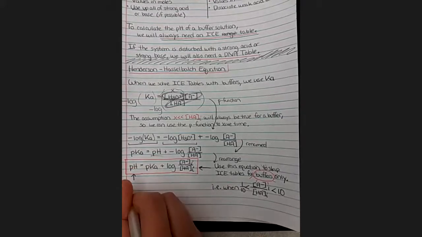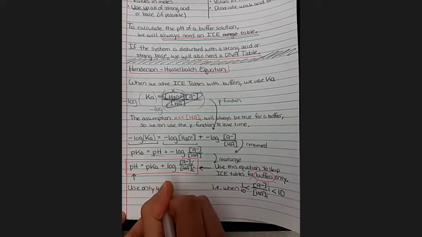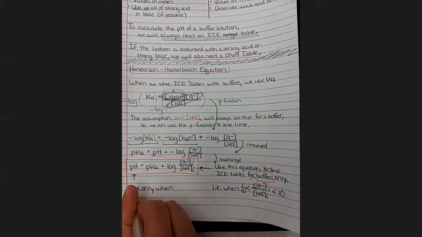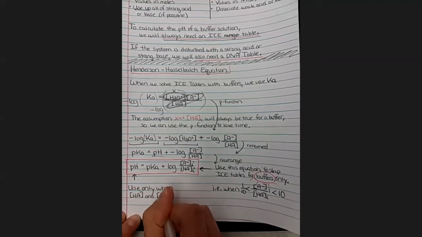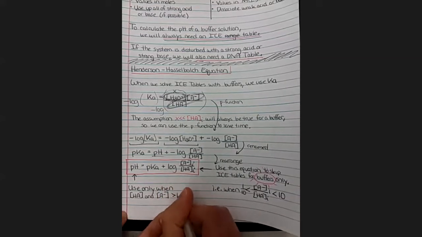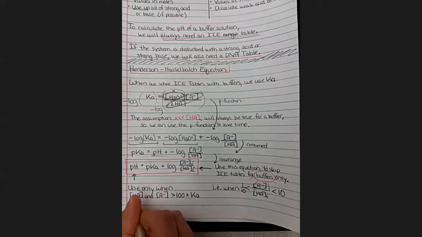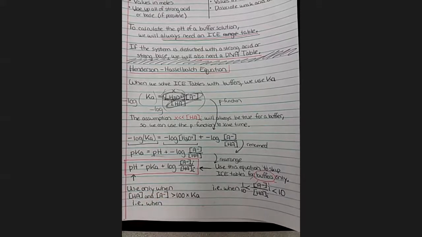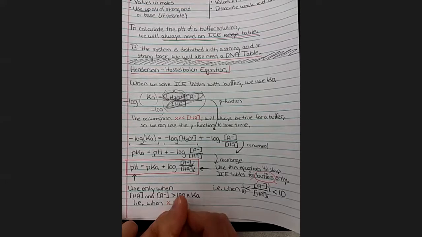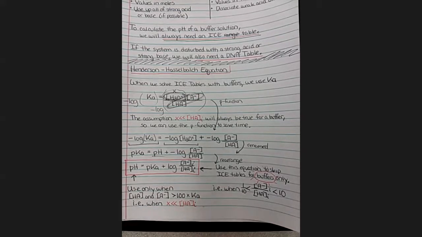The other condition is that X must be small. So use it only when those two concentrations for the conjugate acid-base pair in your buffer are more than 100 times greater than your Ka, i.e., when X is much smaller than initial concentration of HA, or A minus, whichever you're using.